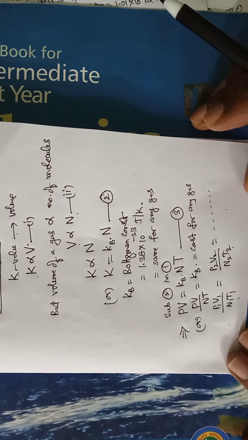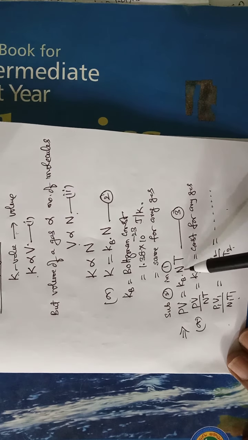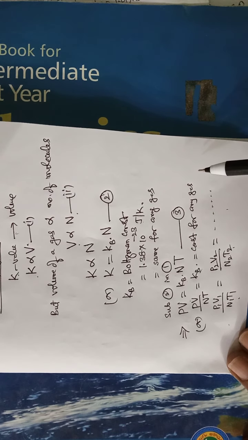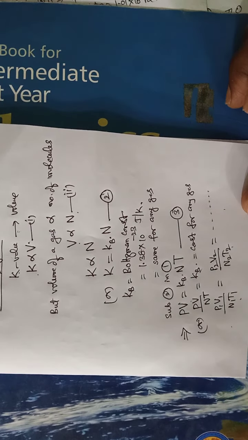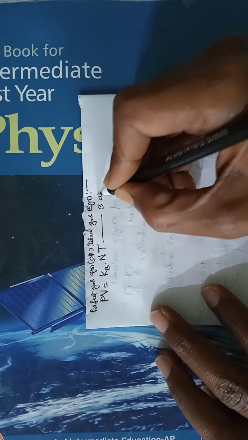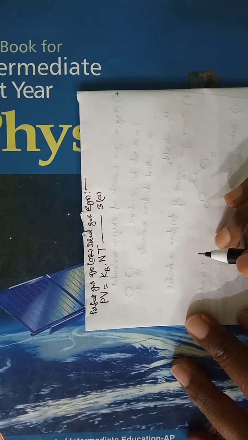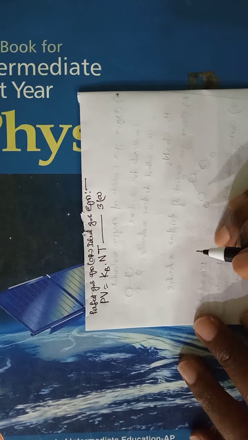We will be writing several forms of the perfect gas equation. So this is one form, PV is equal to KBNT. Say this is 3A, PV is equal to KBNT, one form of the perfect gas equation.